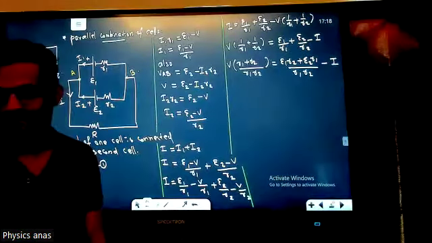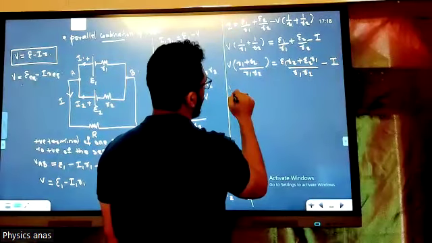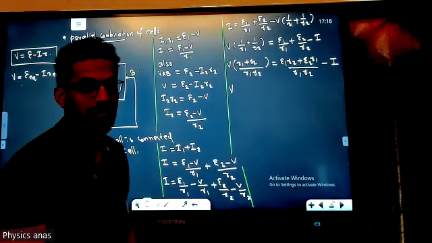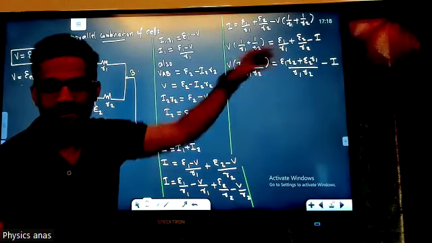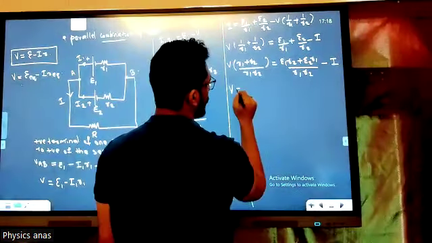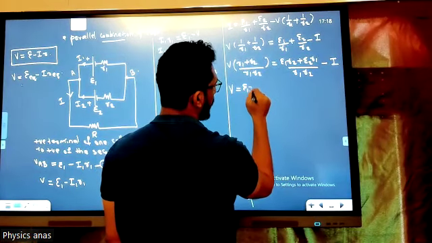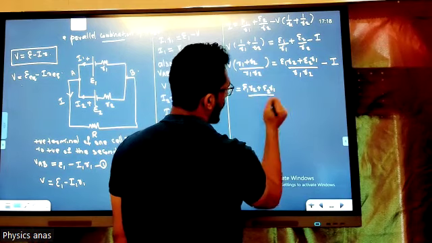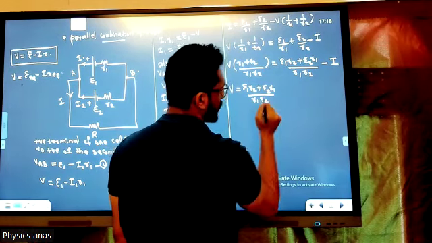Now I am letting this V stay here and bringing the other term to the other side. What will happen then? V is equal to E1 R2 plus E2 R1 divided by R1 R2 on the numerator.